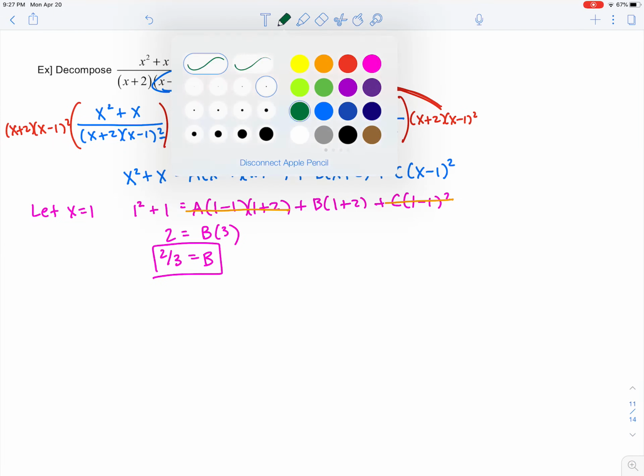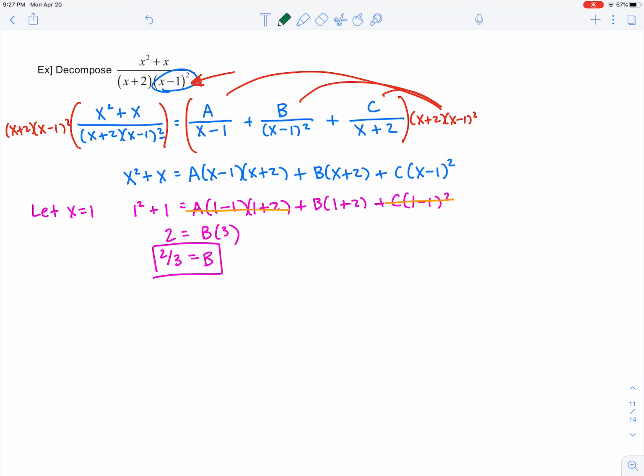Now let's go through that again. This time we'll let x be equal to negative 2. So replacing every single x value with negative 2. So negative 2 squared plus negative 2 equals a times negative 2 minus 1 times negative 2 plus 2, plus b times negative 2 plus 2, plus c times negative 2 minus 1 squared.